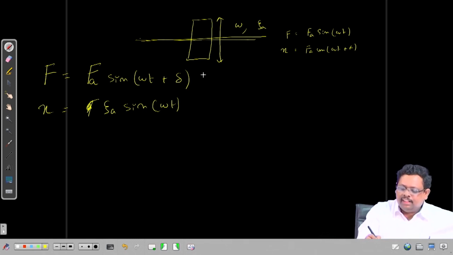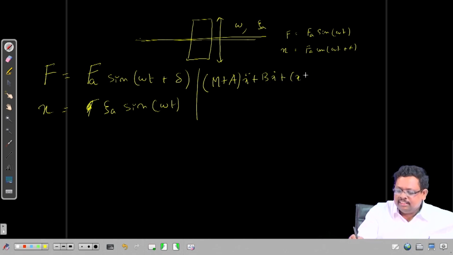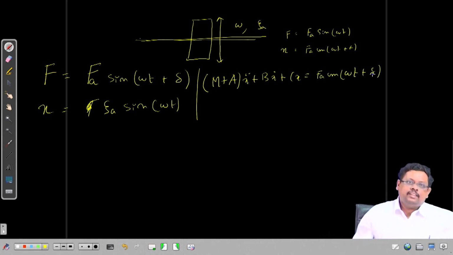So now remember, every time you need to remember this equation: m plus a into x double dot plus b into x dot plus c x equal to, in this case, f a sin omega t plus delta. I am going to do it for the real number. So I just substitute over here.